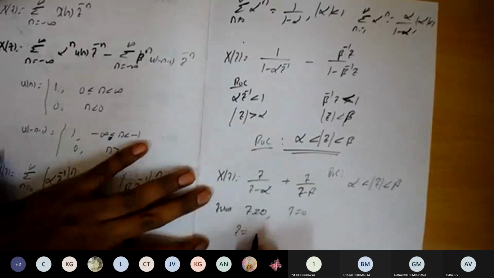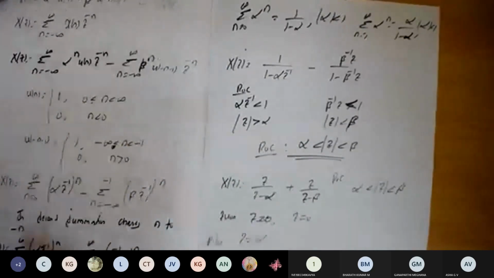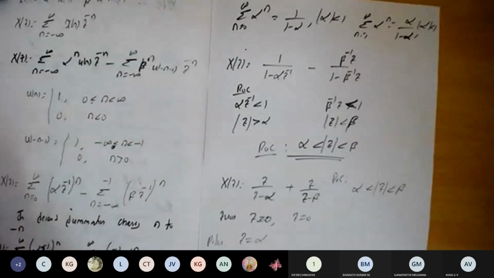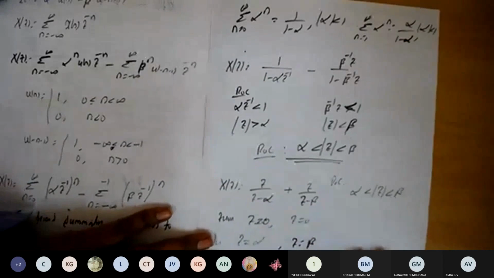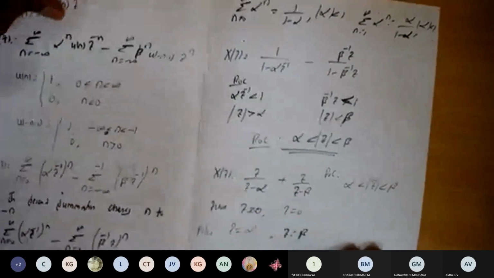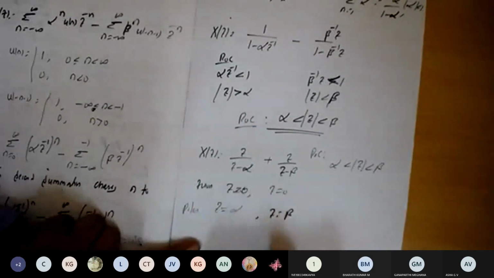For the poles, equate the denominator to 0, so Z is equal to alpha, and similarly for the second one Z is equal to beta. These are the locations of zeros and poles here.